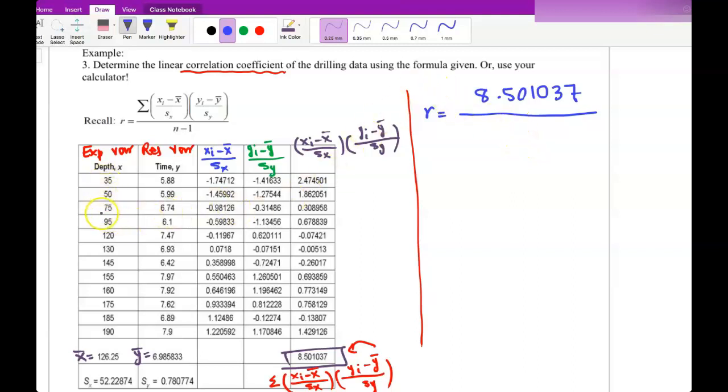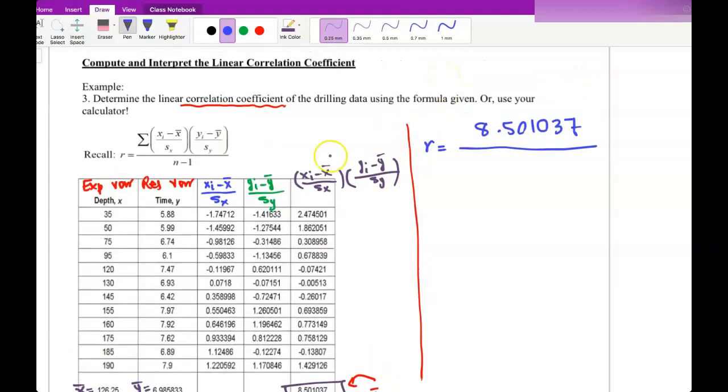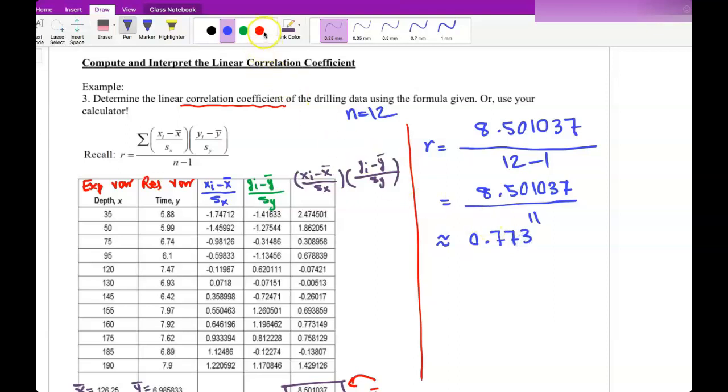How many numbers do we have here? We have 12, so n is 12. We have 12 minus 1, divided by 11. Rounding it, it's 0.773.